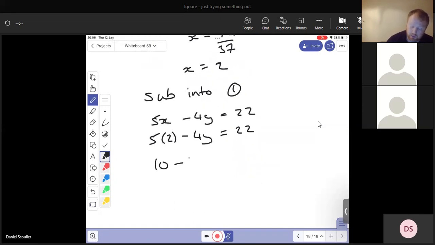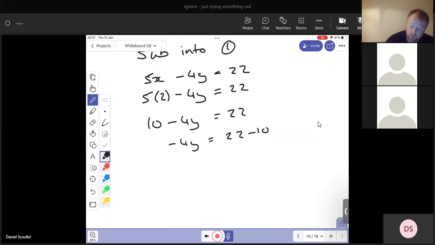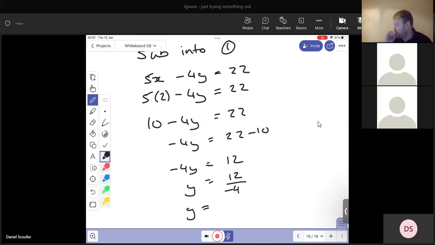So 10 minus 4y equals 22, so minus 4y equals 22 minus 10, which equals 12. Y equals 12 over minus 4. Y equals, pardon me, minus 3.